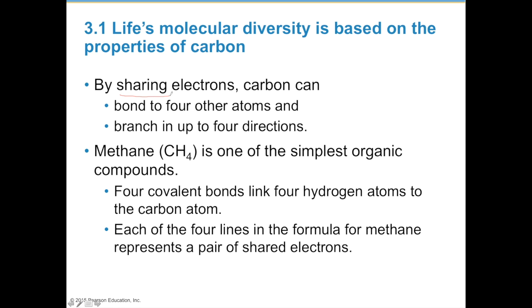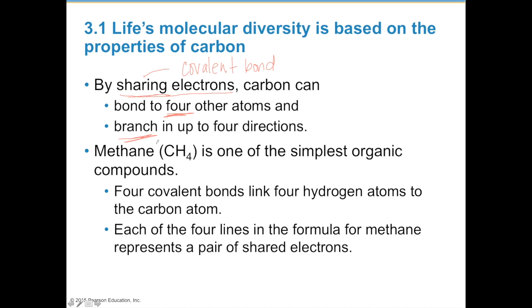When they're sharing electrons, remember these are covalent bonds. Carbon's going to always make 4 bonds, and the fact that it can make 4 bonds allows carbon to be branchy if necessary.